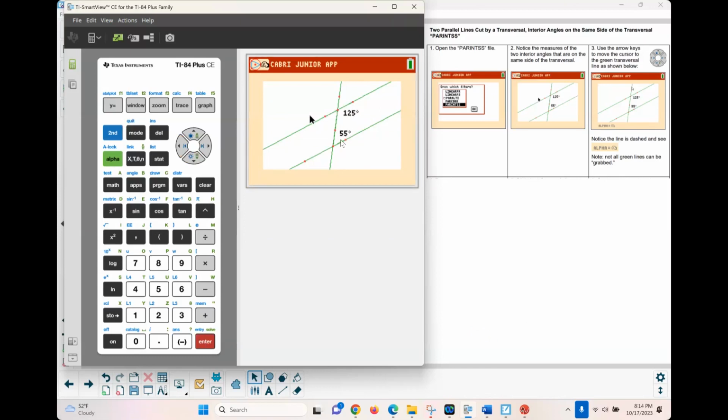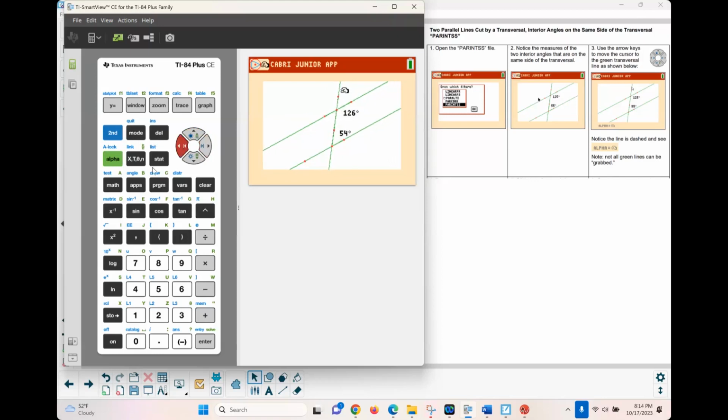And I can mentally see that those add up to 180. But again, I'll try to grab this line, and you'll notice I can't. Maybe I could go up and grab the transversal. By the way, stay away from the red points because I don't want to grab the points. Those will move along the line. Okay, so there's my alpha, grab, pull, and you can see that those angles always add up to 180.